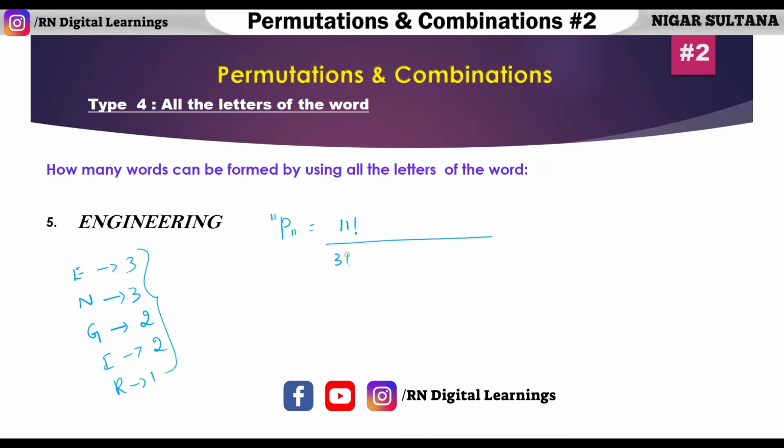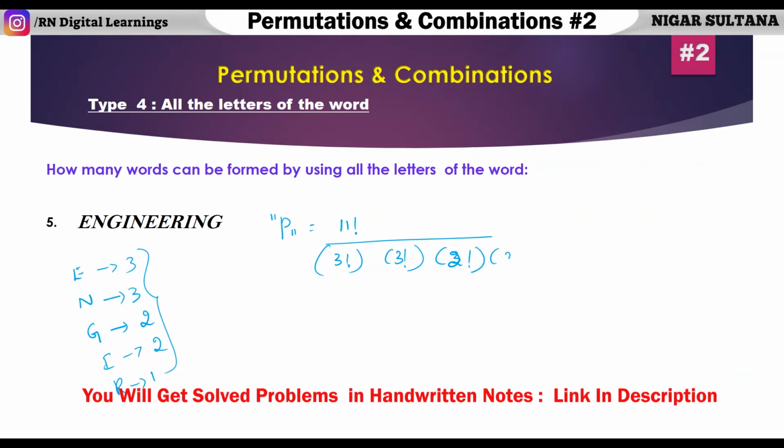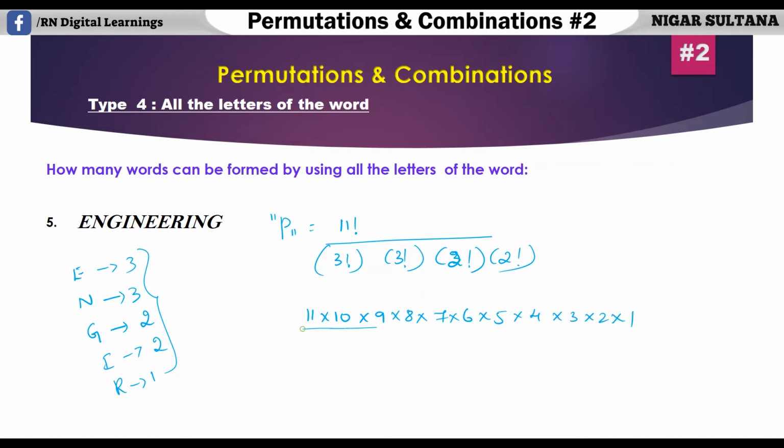That is 3 factorial into 3 factorial into 2 factorial into 2 factorial. When we expand this, 11 into 10 into 9, 8, 7, 6, 5, 4, 3, 2, 1.